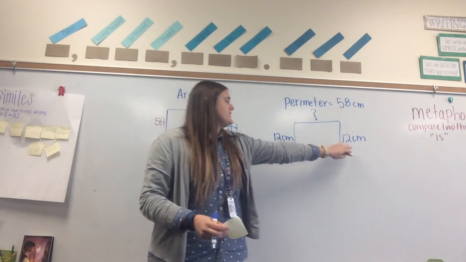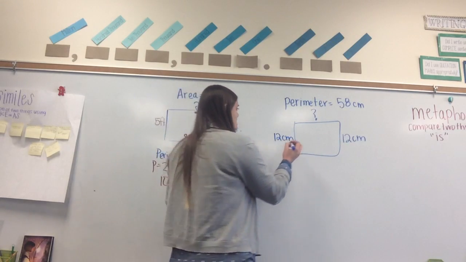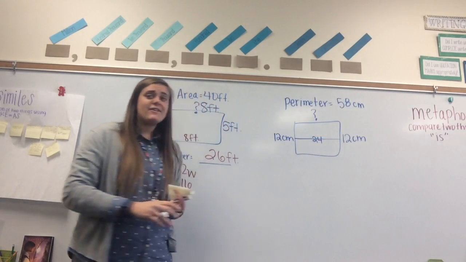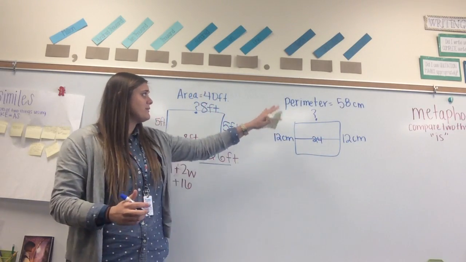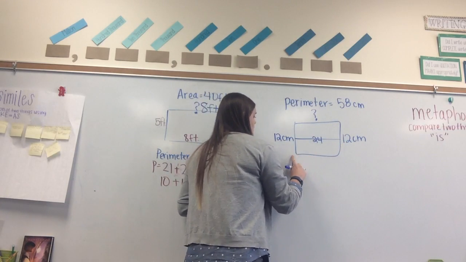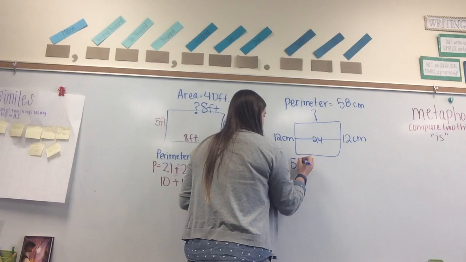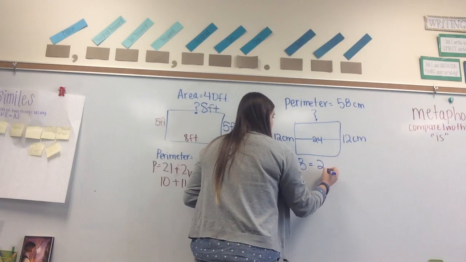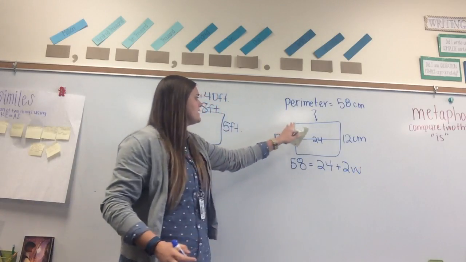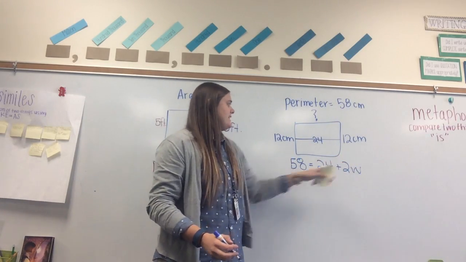So if this side is 12 and this side is 12, together, these make 24. Now, in order for us to solve for the perimeter, we know that 24 is the length of both. So our perimeter is 58. So 58 has to equal 24 plus 2 widths, because we need to know what this side is and this side is.